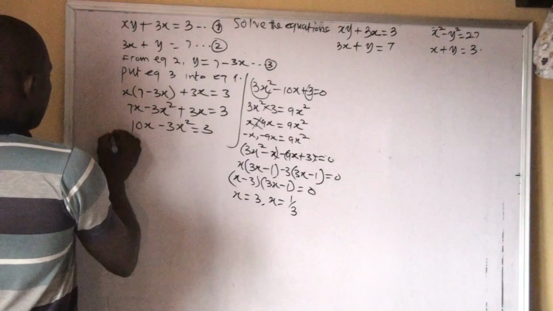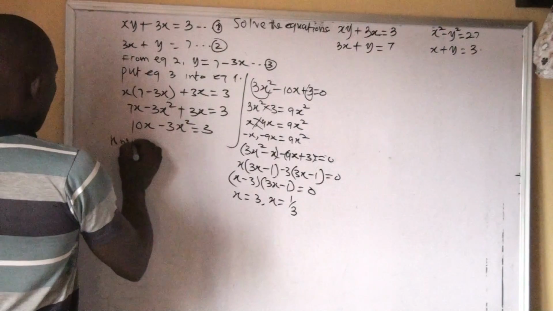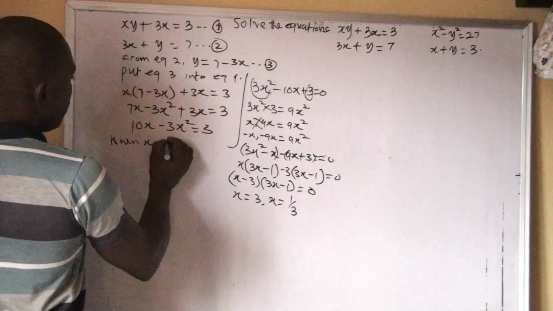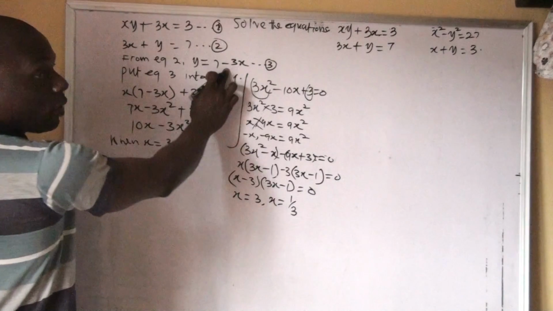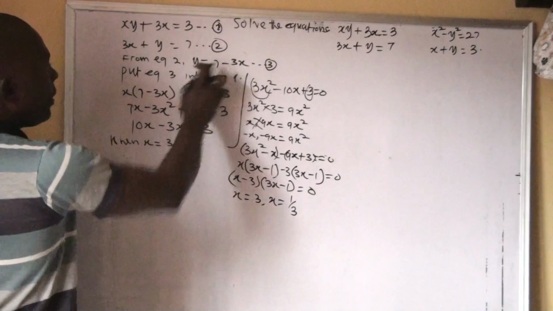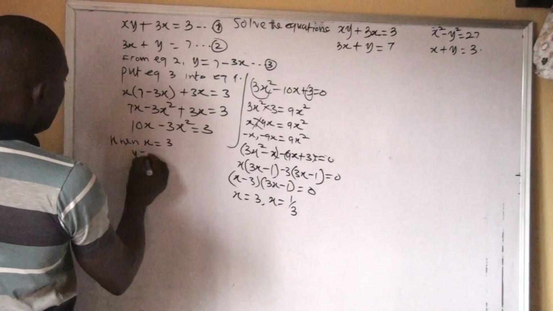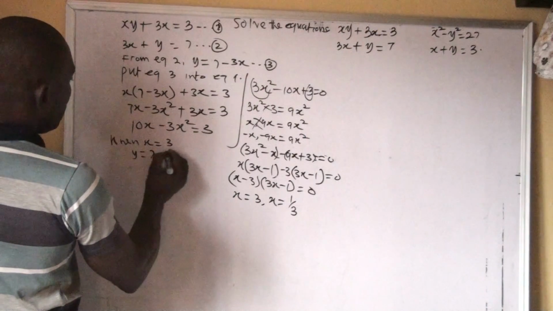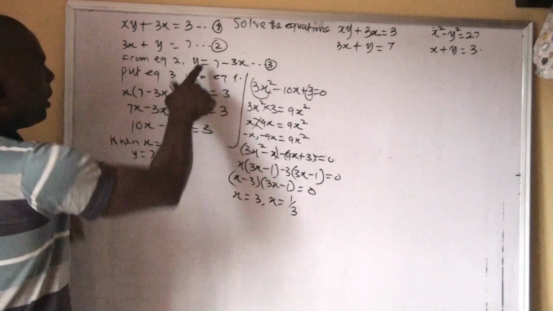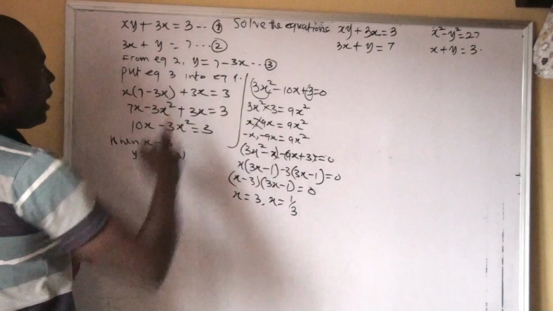So now, when x is equal to 3, from equation 3, we have y is equal to 7 minus 3 into 3. Equation 3 is 7 minus 3x.